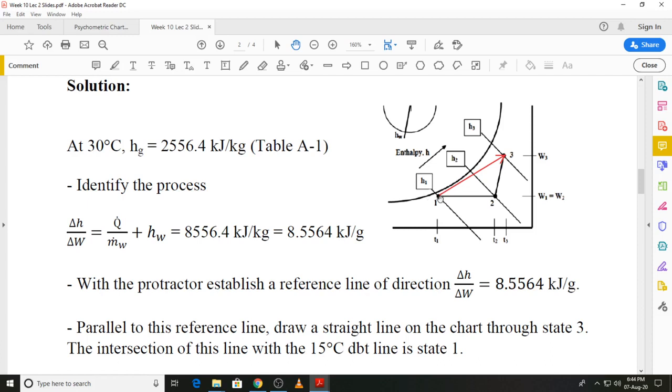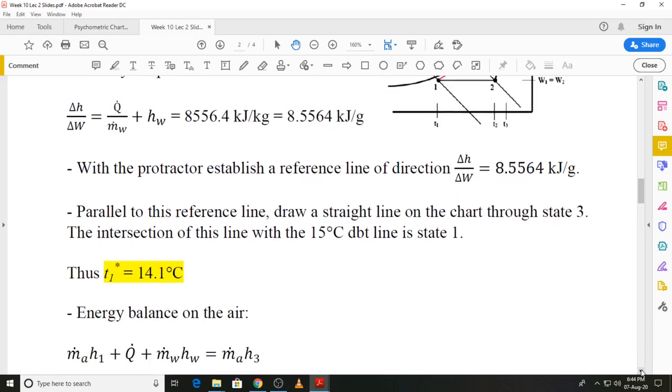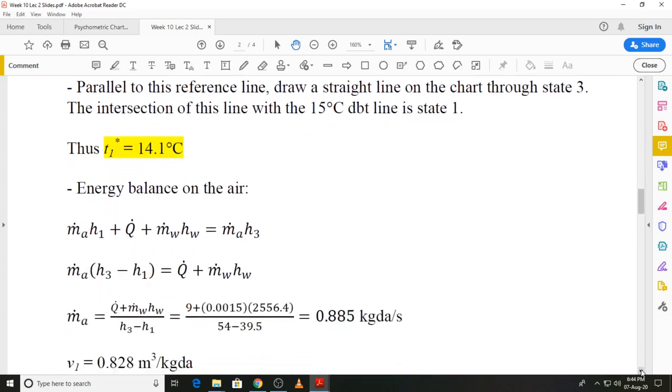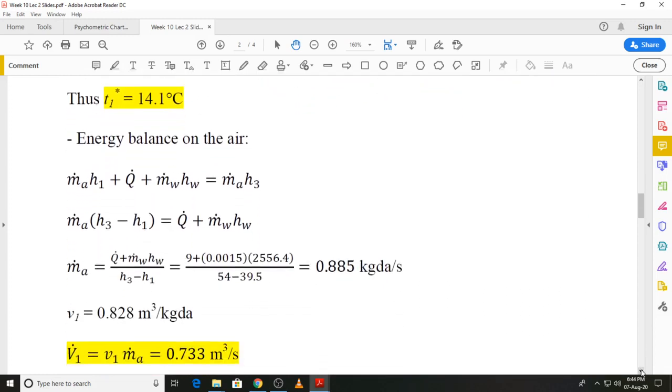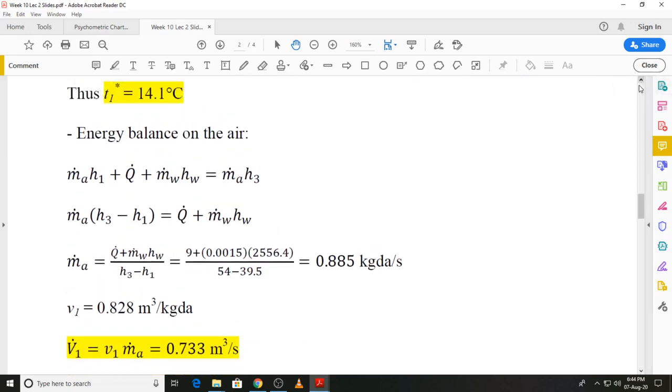So once these two lines intersect, state 1 will be located on the psychrometric chart, and at state 1 we can read off the wet bulb temperature from the corresponding wet bulb temperature lines, and that value I've shown to be 14.1 degrees C. So that answers the first part of the question.